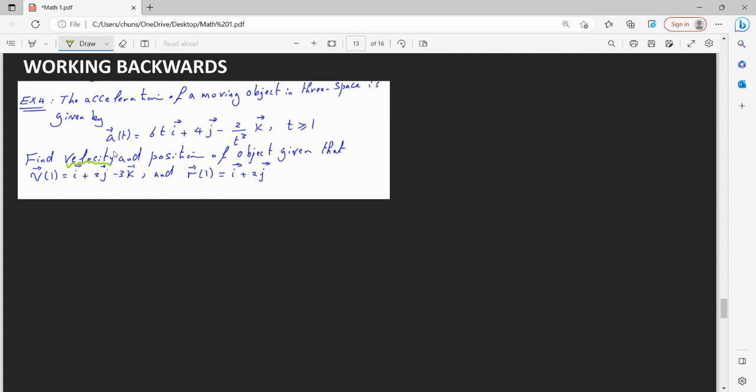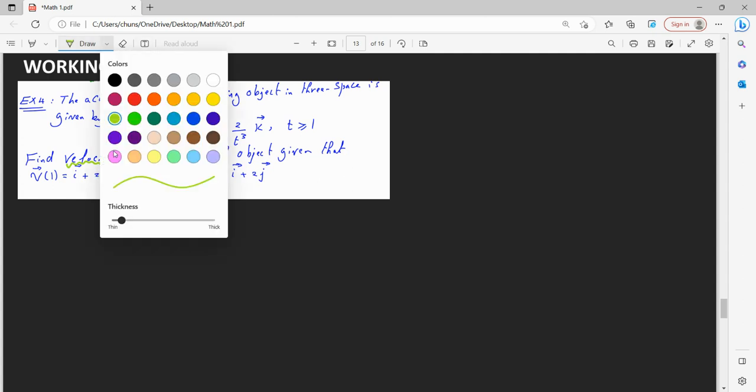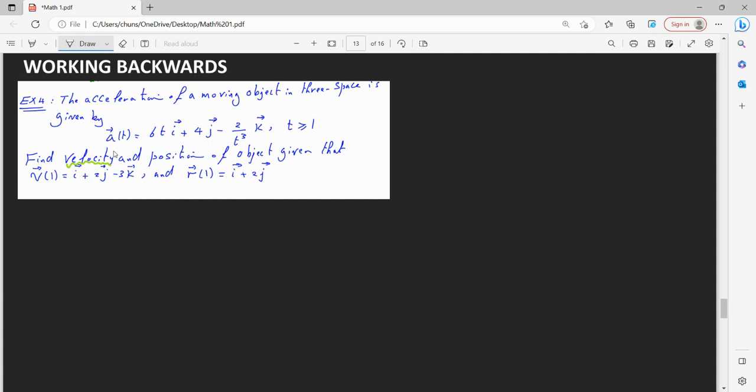Okay, working backwards. If we remember what to do, first thing that we'll need to do is take the indefinite integral of our acceleration to find our v. So v is equal to the integral of 6t, 4, negative 2 over t cubed, dt.